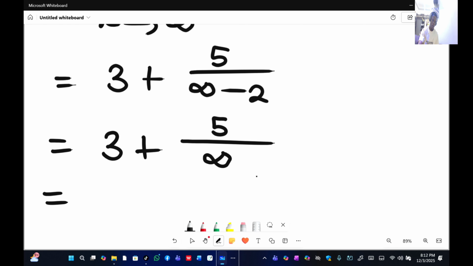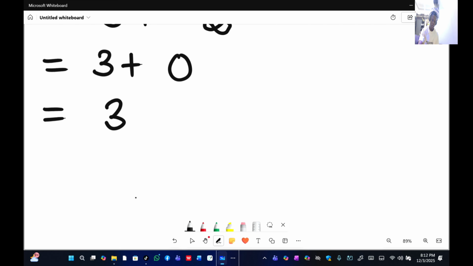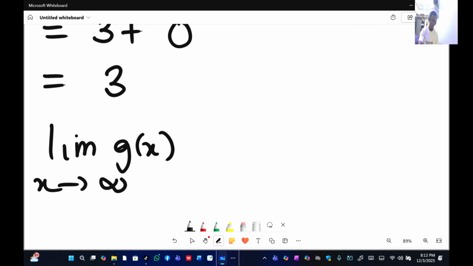So at the end, we are going to get 3 plus 5 over infinity, and this will give us 0. So we are going to get the final answer to be 3. Hence, the limit of g of x as the input x approaches infinity is equal to 3.